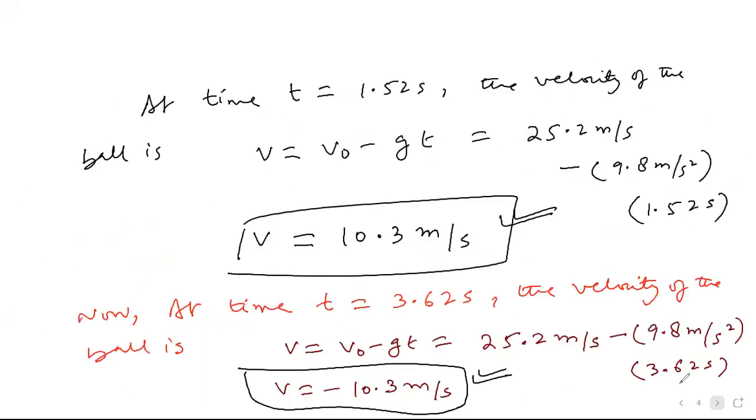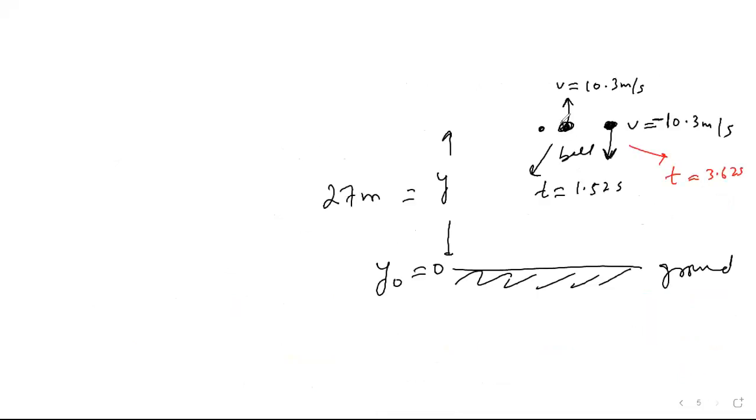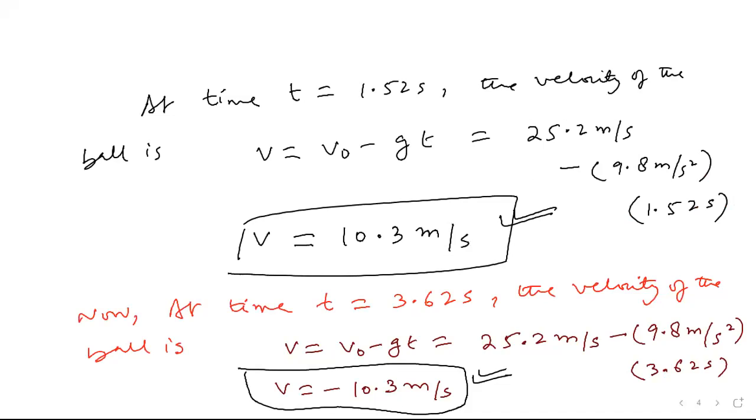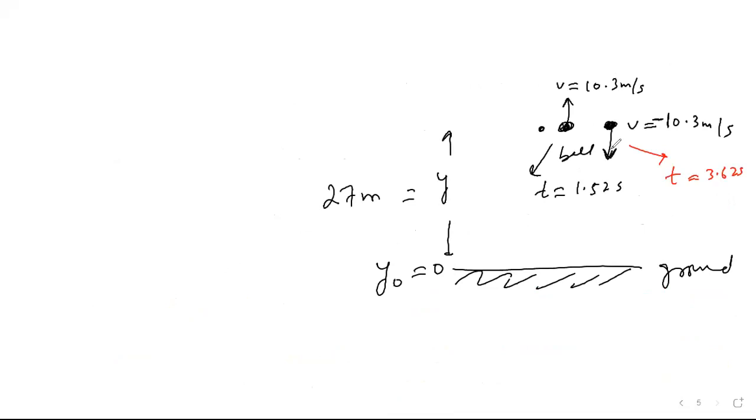First instant it is 27 meters above the ground is when after throwing 1.52 second has elapsed. At the time it is going up with this speed 10.3 meters per second. Then at another instant 3.62 second, when 3.62 second have elapsed after throwing, the ball is at same location 27 meters above the ground. At the time it's moving with same speed 10.3 meters per second, but it is going down.